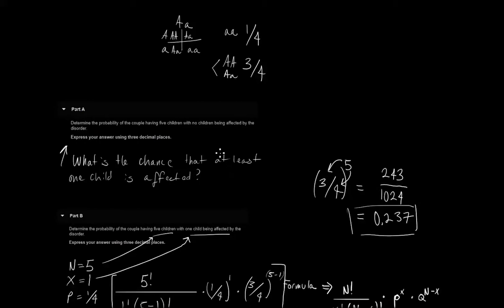What this problem is asking is, what is the chance of at least one child affected out of the 5?